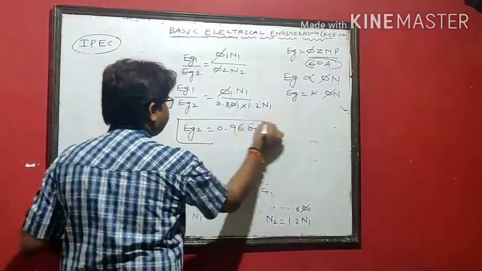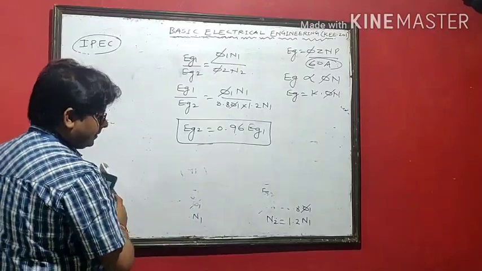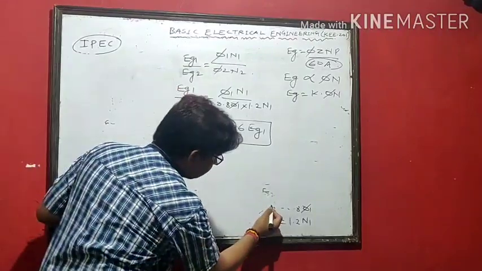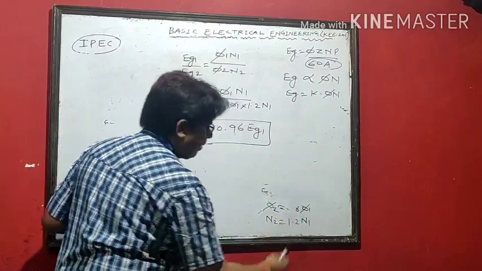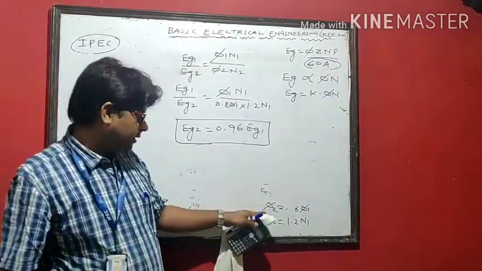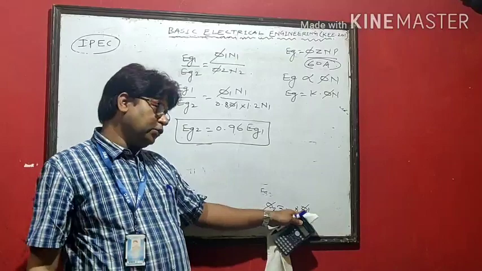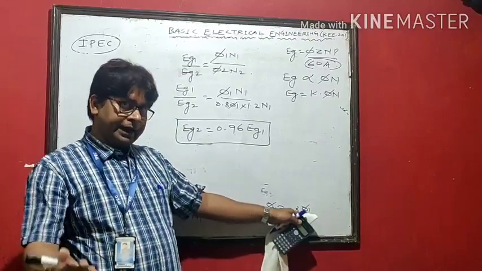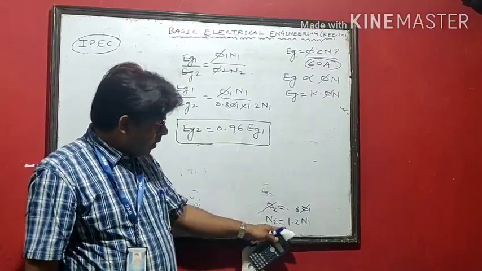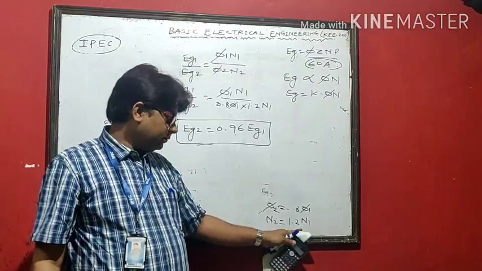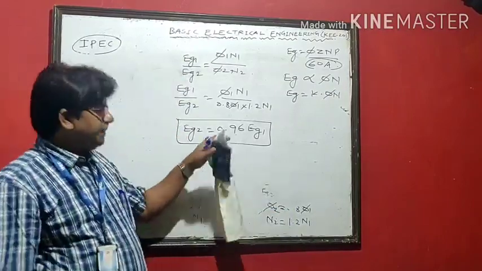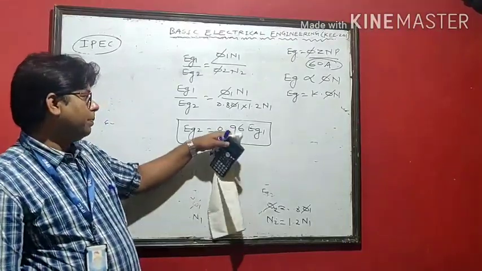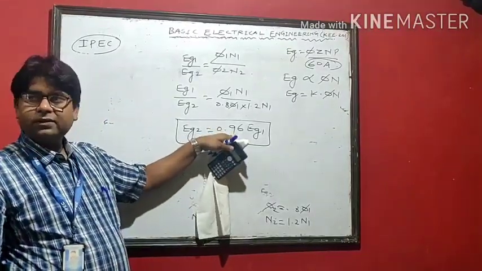This is the EMF generated. Here phi 2 is given as 0.8 of phi 1, a 20% decrease, and n2 equals 1.2 n1, a 20% increase. So how much is the EMF changed?